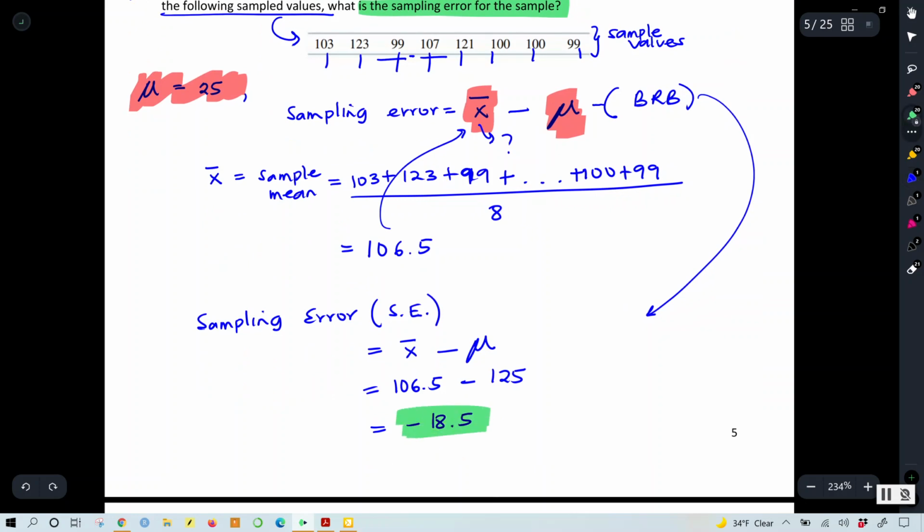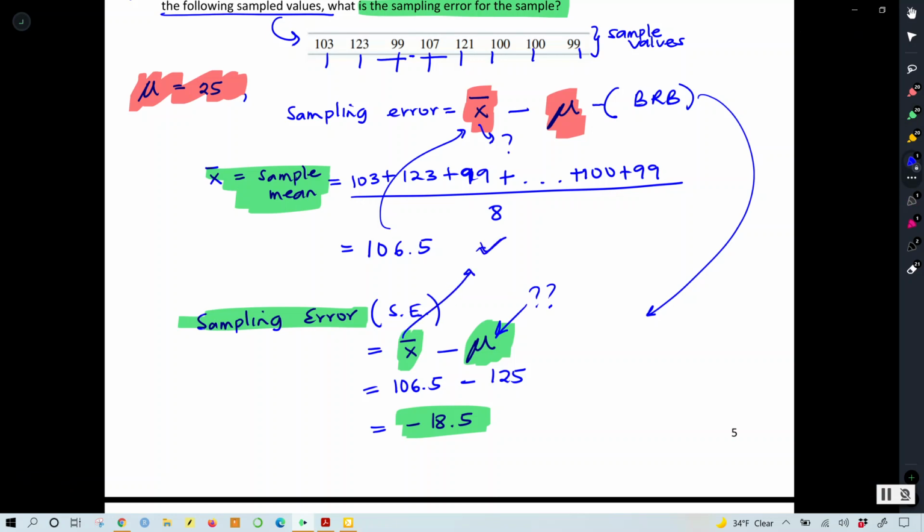So there are a few facts to note. If my sampling error is negative 18.5, it must mean that the sample mean was smaller than the population mean. In reality, this is what is unknown. In this case, this is what is known based on what sample data we collected.